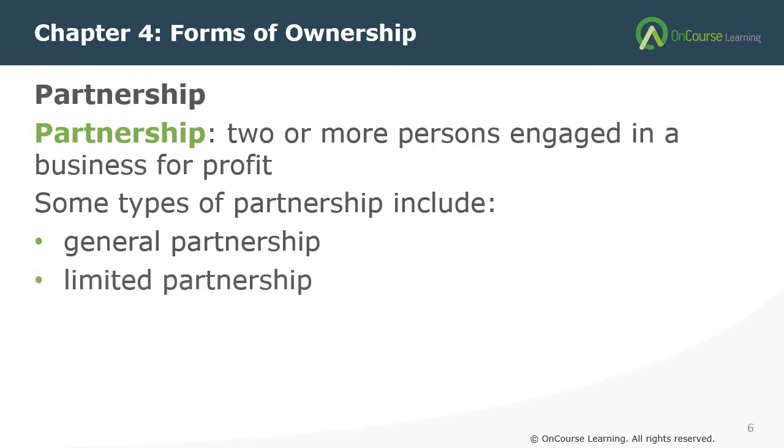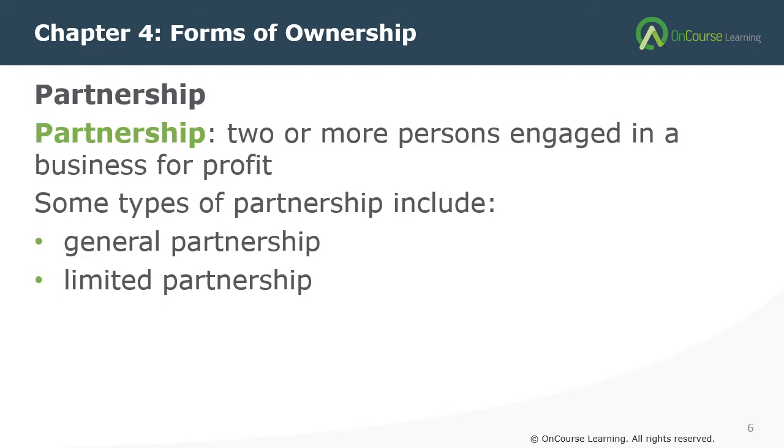There's also what's known as the limited partnership. With the limited partnership, at least one partner must be a general partner with unlimited liability. The remainder of the partners, however, are limited partners.